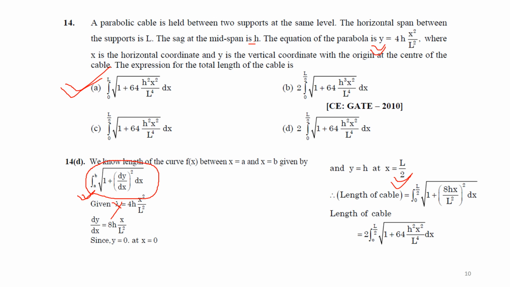So dy by dx, you'll get 8h x by L square. Now this value you have to put here, and the limit will obviously be 0 to L by 2. This is the final expression. If you simplify this more, you will finally get 2 times the integral from 0 to L by 2 of the root of 1 plus 64 h square x square by L to the power 4 dx. So the answer is D.